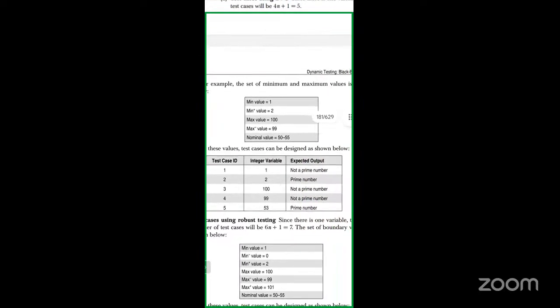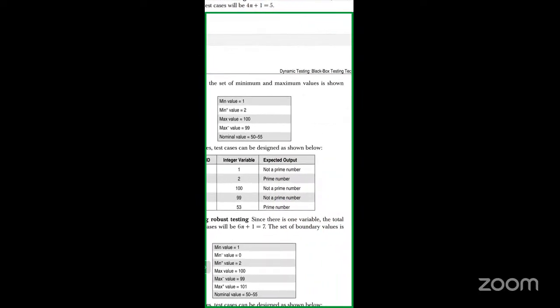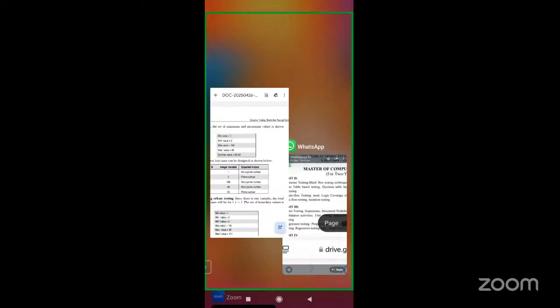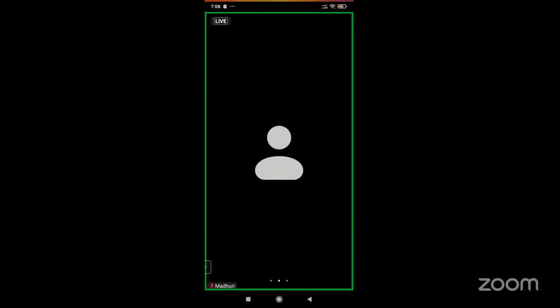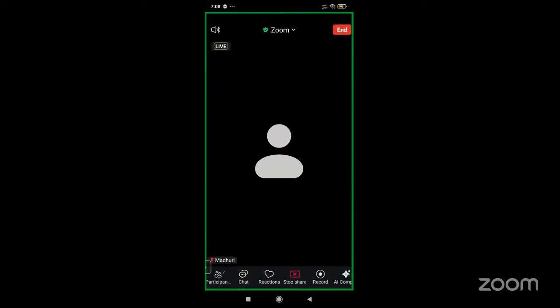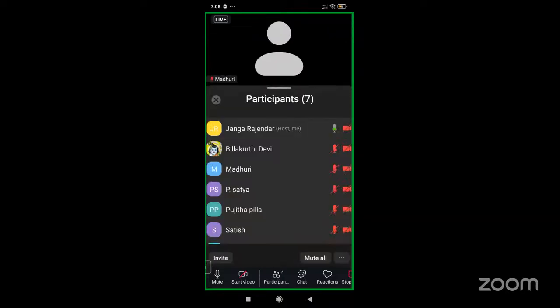Is it a prime number? Is 1 a prime number or not?